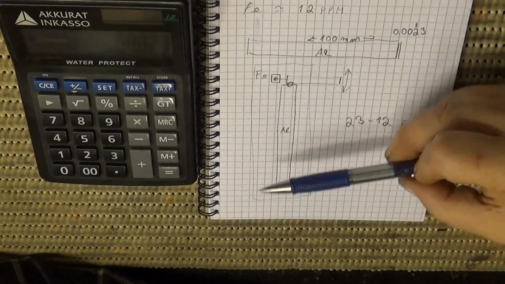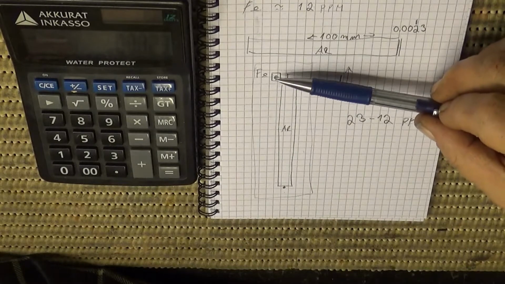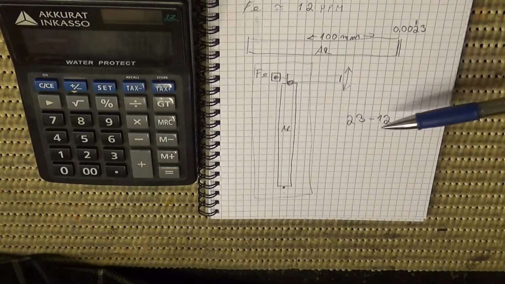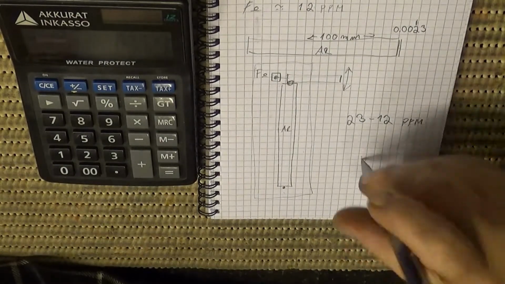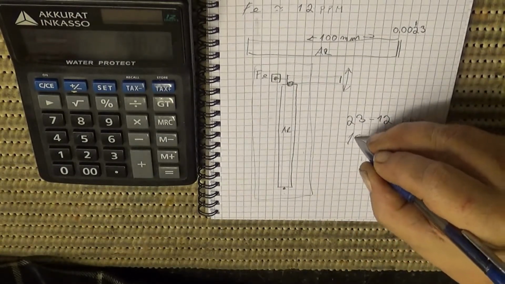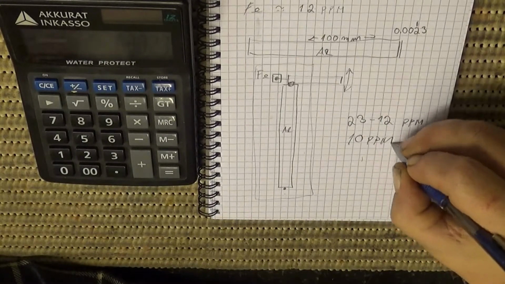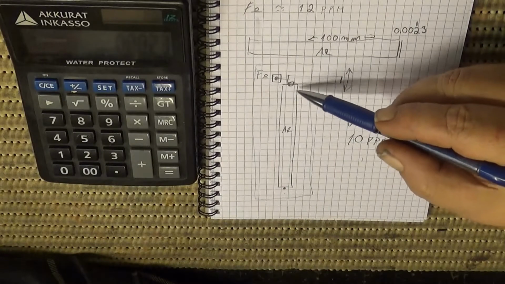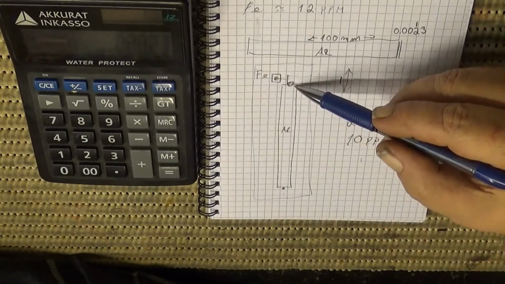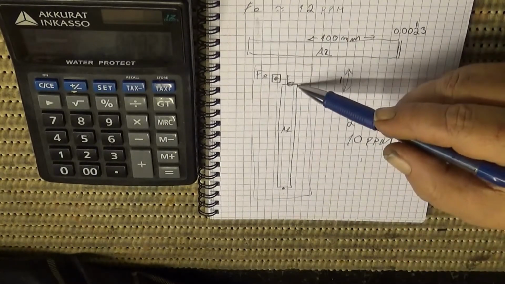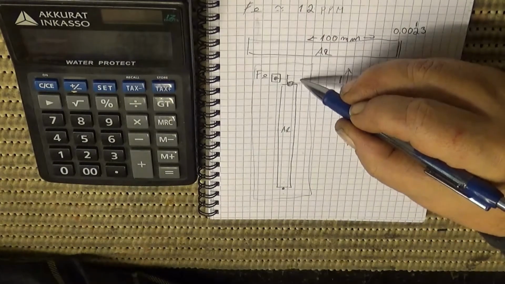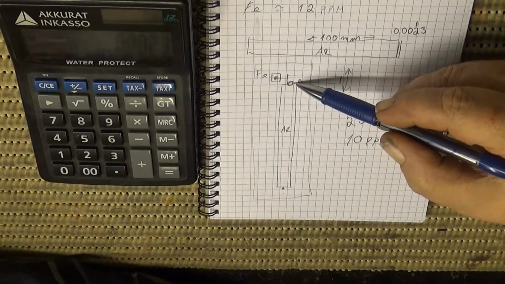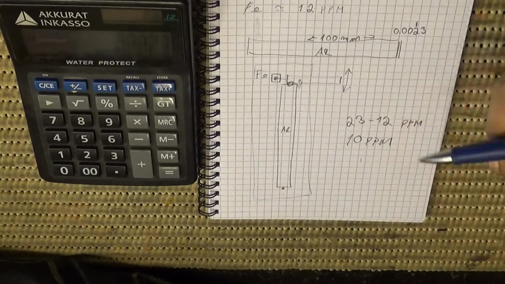Because now this steel doesn't grow as fast as the aluminium, so let's approximate, it's 10 ppm. So what we are going to end up with for every degree, if this is 100 millimeters long, is a change of 1/1000 of a millimeter here, relative to the base.